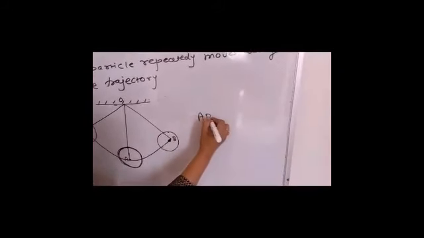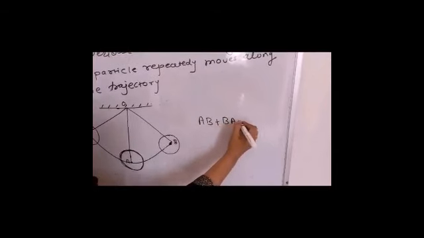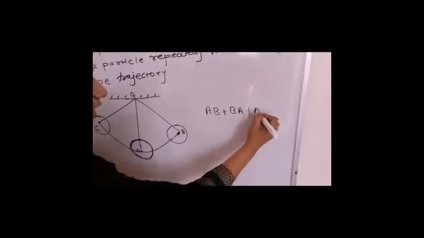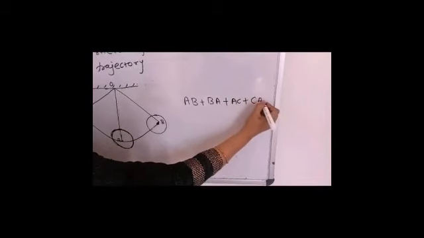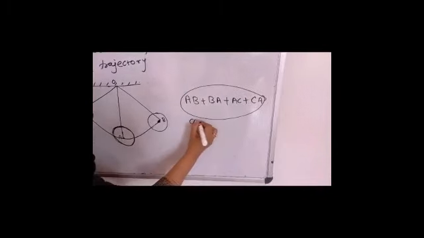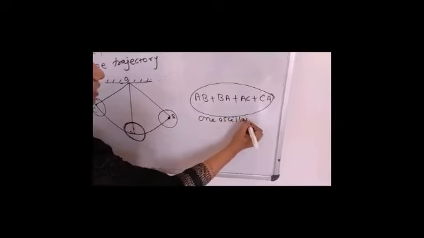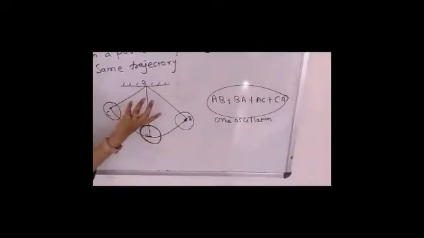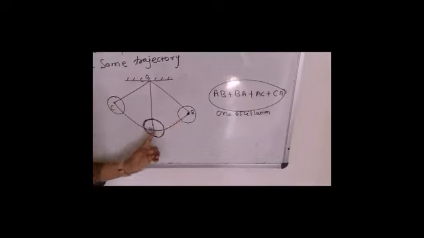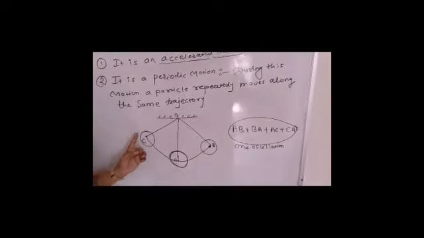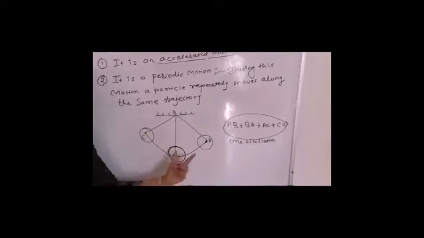That is, it completes one oscillation. The path covered by the bob is AB plus BA plus AC plus CA. It completes one oscillation. Such an oscillation takes place again and again along the same path. That means that it is a periodic motion. The motion of that bob is a periodic motion.